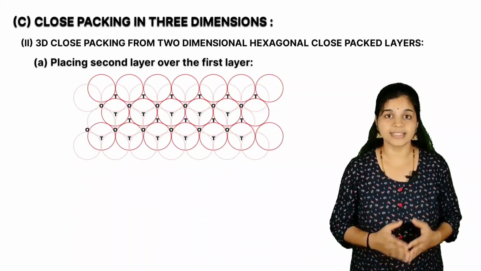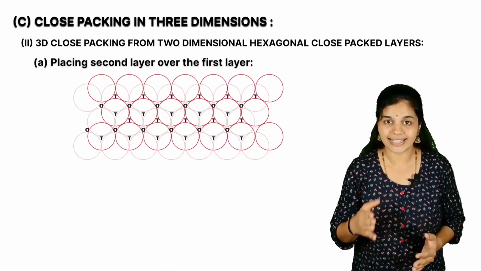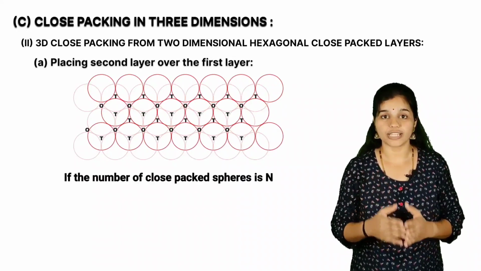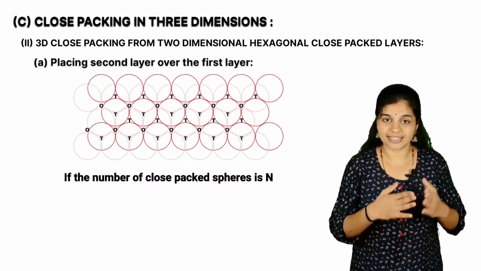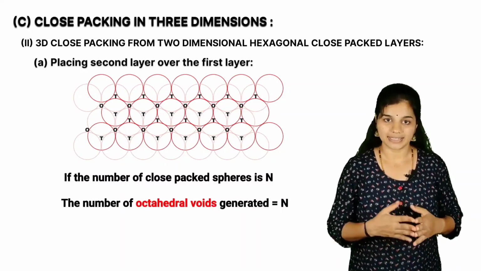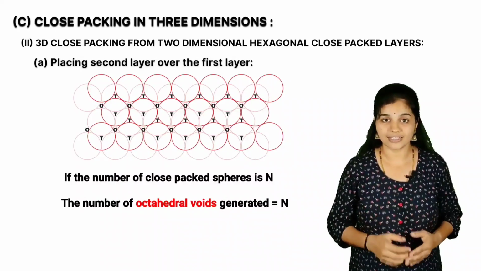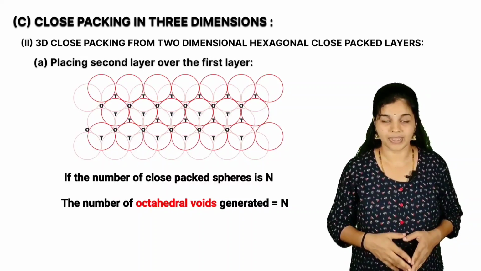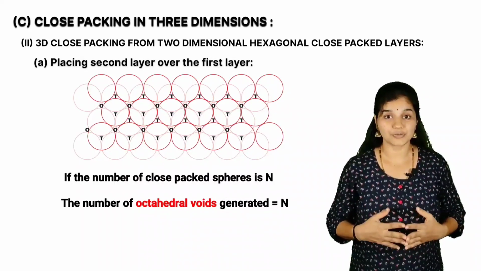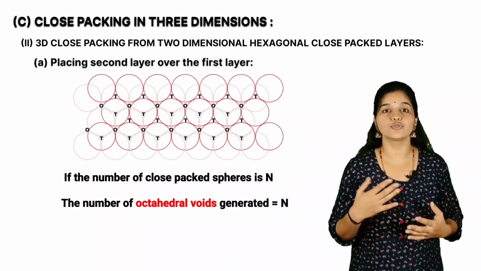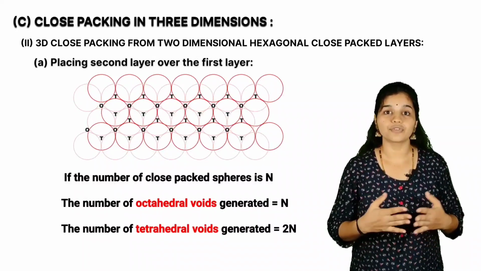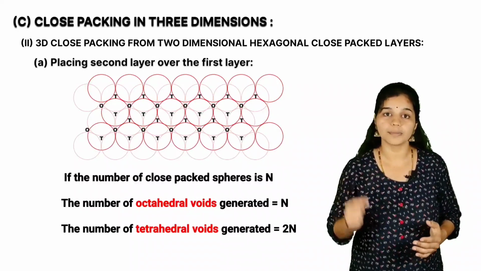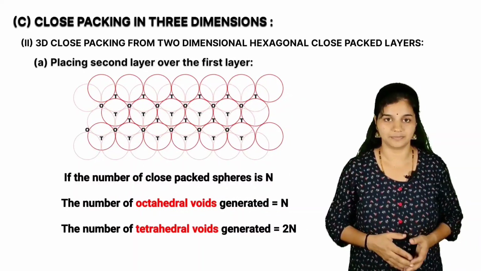If I consider the number of close packed spheres as capital letter N, then the number of octahedral voids generated in the crystal is also equal to N. That is, the number of octahedral voids is equal to the number of close packed spheres. And the number of tetrahedral voids generated is equal to 2N. Means the number of tetrahedral voids is twice that of the number of close packed spheres in the crystal.